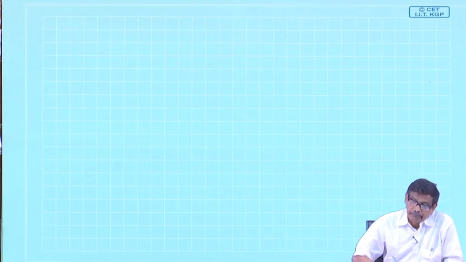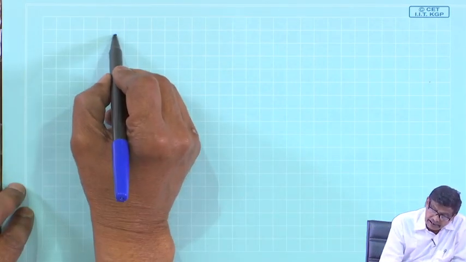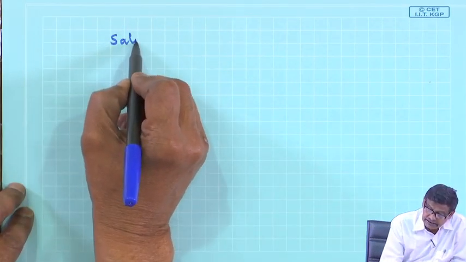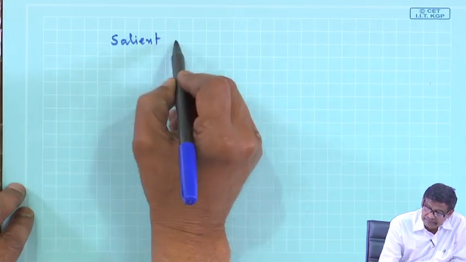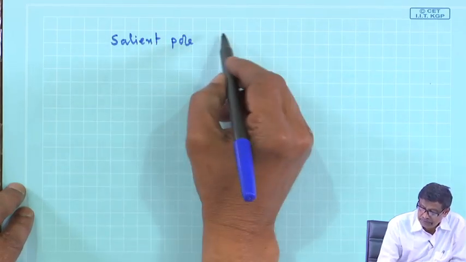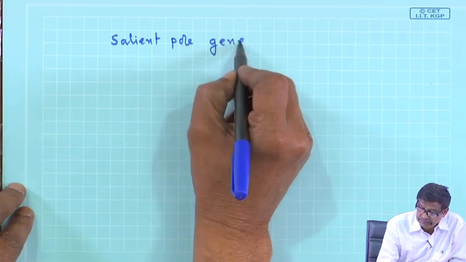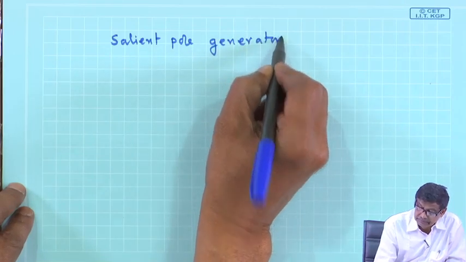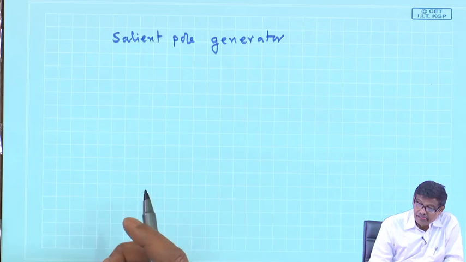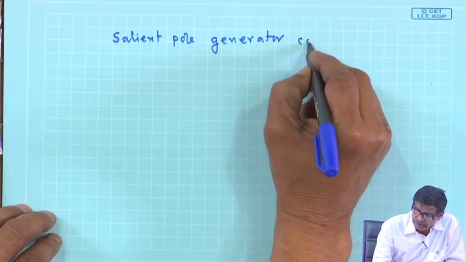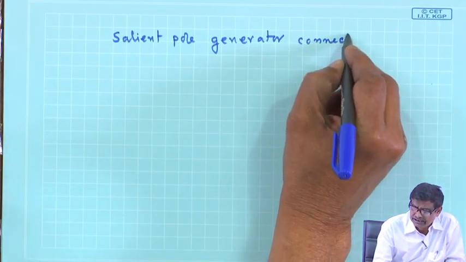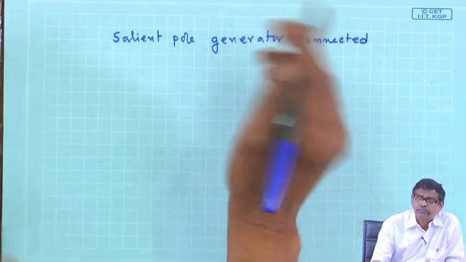For example, I say a salient pole machine, salient pole generator mode, generator connected to bus. All phasor diagrams I am generally referring to are connected to bus.